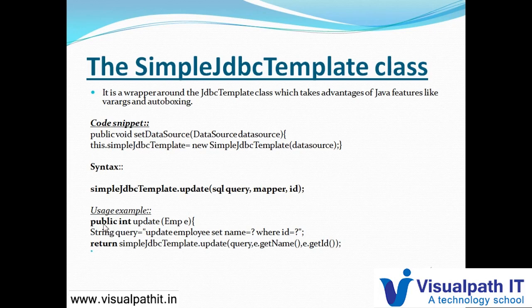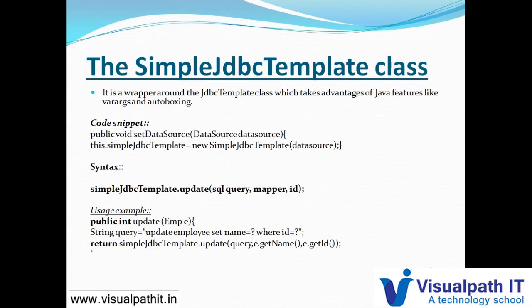So how are we using it? The update will have the update query here, and that particular query result, along with the name and the employee ID, will be updated and returned with a SimpleJdbcTemplate object.